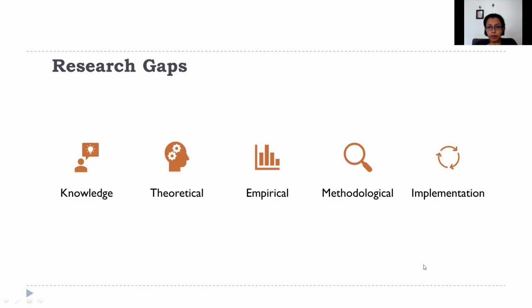But we always expect students to think out of the box and try to do something regarding the knowledge gap as well as the implementation gap type research, because those are very important and give value to society as well as the scholarly world, because your findings are very important for others to continue in their research process.